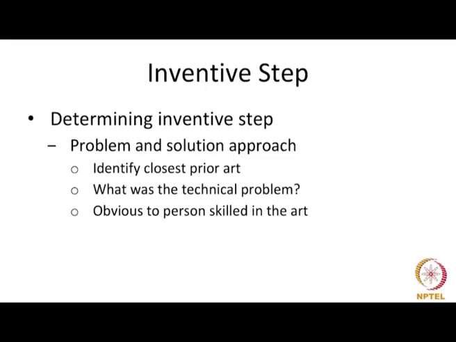So, when you look at the steel wire, you have no knowledge of the paper clip. So, that is a way in which you can eliminate hindsight. And the problem solution approach involves looking at the problem to be solved, so it helps you to avoid the hindsight issue.